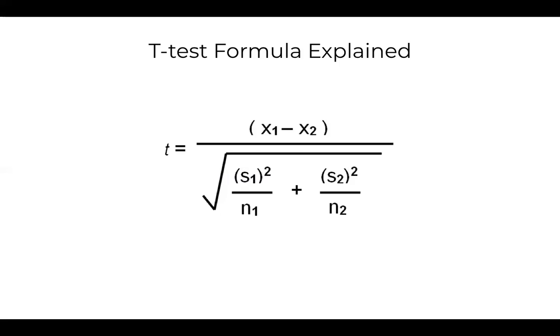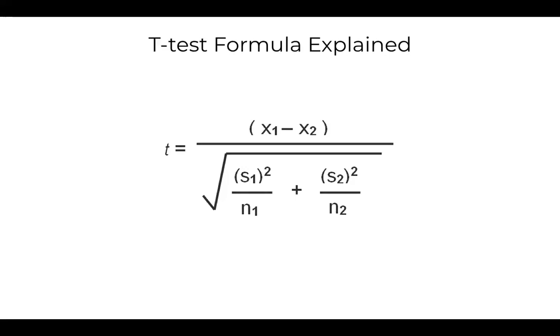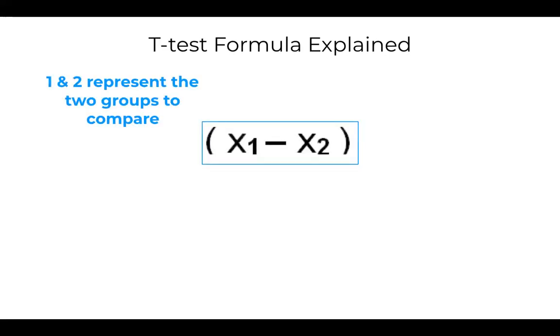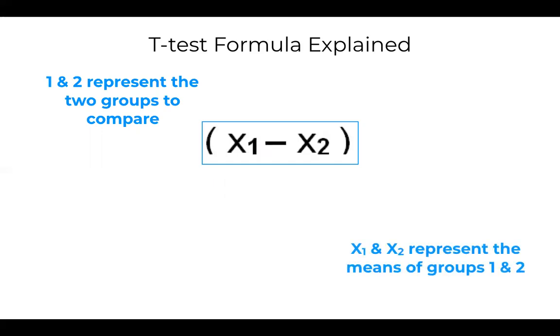Let's look at the individual components of this formula. 1 and 2 represent the two groups to compare, and x1 and x2 represent the means of group 1 and group 2.